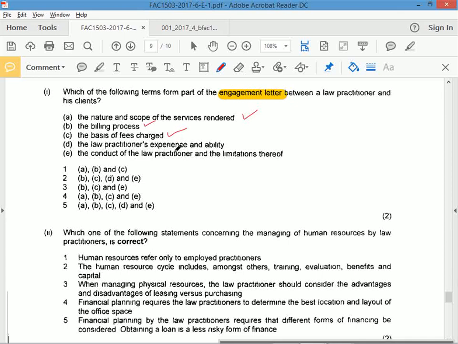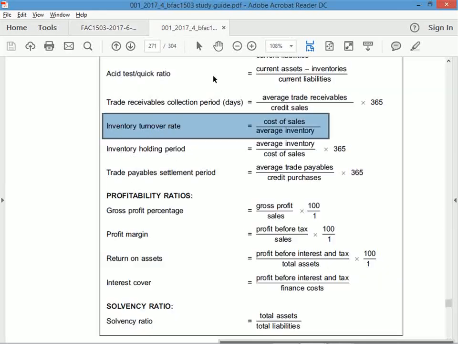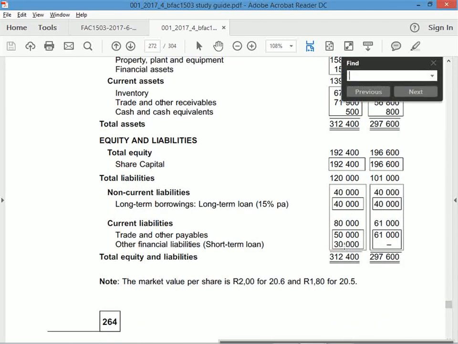Law practitioner's experience and ability, you need to identify yourself, so definitely. The conduct of the law practitioner and the limitations thereof. Definitely, you'd have to say what you can do, what you can't do. Okay, so looking at this, all of these would be ones that would be part of the engagement letter. Okay, just to show you all of this, it would have come up here.